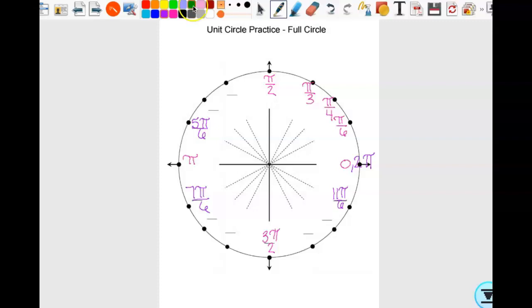So now we do pi fourths. This is 4 pi fourths. We back up 1, we are at 3 pi fourths. I go back to 4 pi fourths, go forward 1. I'm at 5 pi fourths. All the way around is 8 pi fourths. If you back up 1, you are at 7 pi fourths.